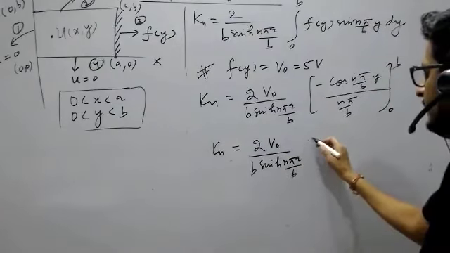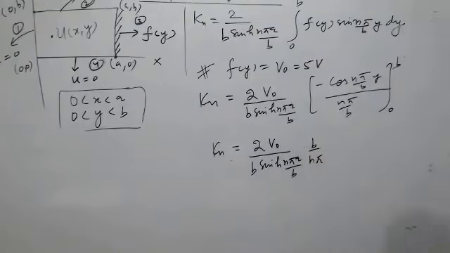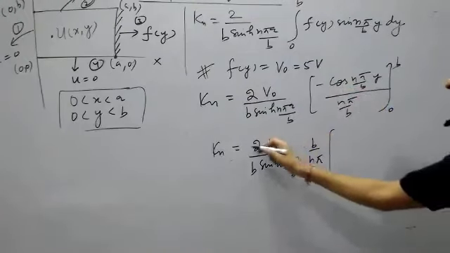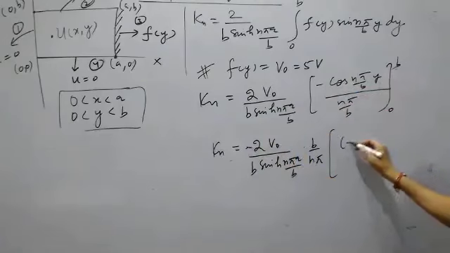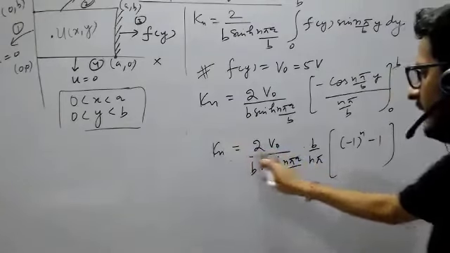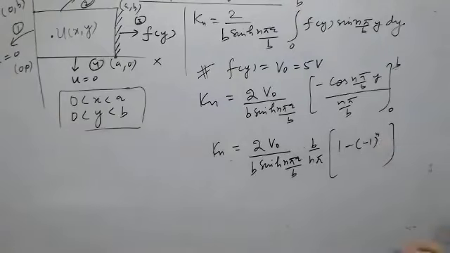So it will become b by n pi, correct? And the minus sign will be taken common. So first of all put b, it will become minus 1 to the power n minus 1. If I write it taking minus inside, I can write it 1 minus minus 1 to the power n. So that means for even values of n, it will become 0.